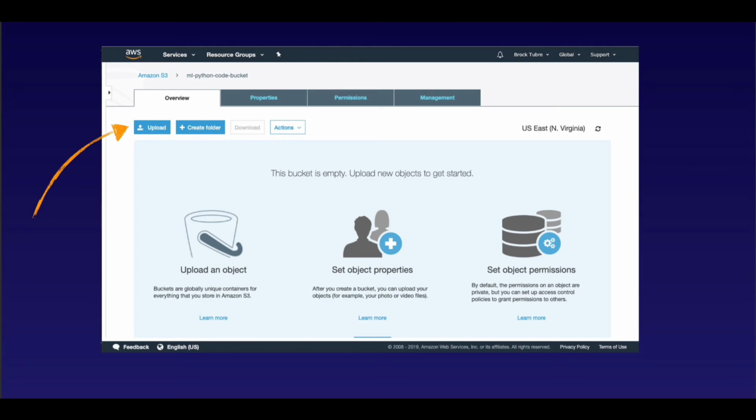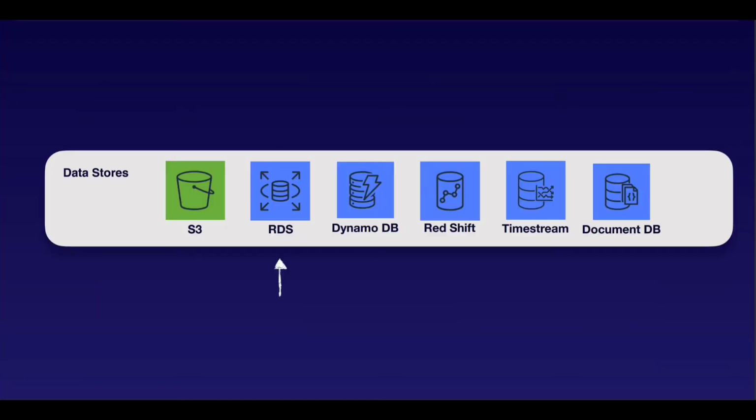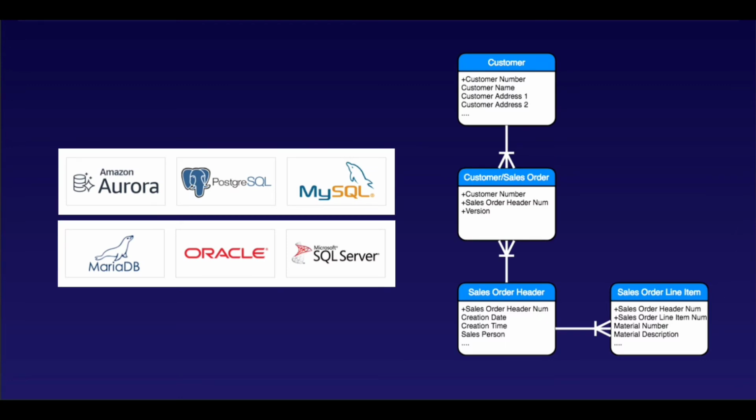The next type of data store that we will discuss is RDS, which is Amazon's Relational Database Service, and this is for relational databases. And we discussed earlier how we could have structured data with a defined schema within our relational databases. Now, RDS has the following engines that you are allowed to choose from to create a fully managed relational database.